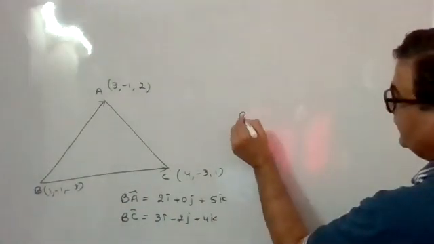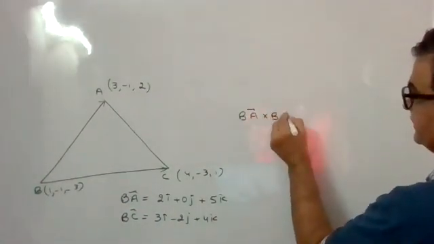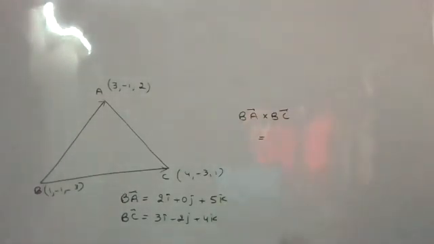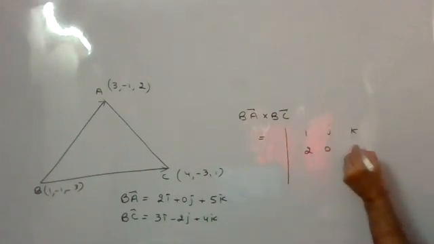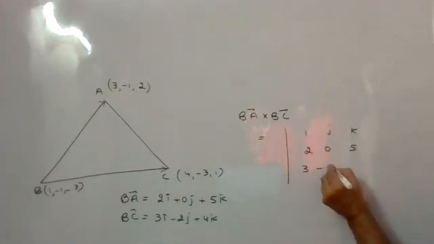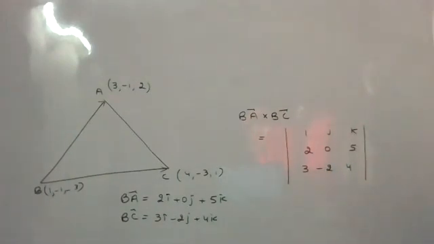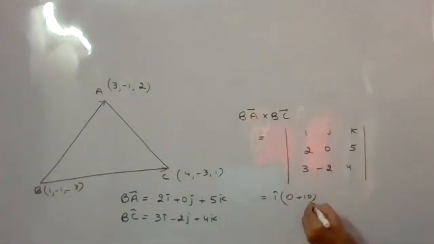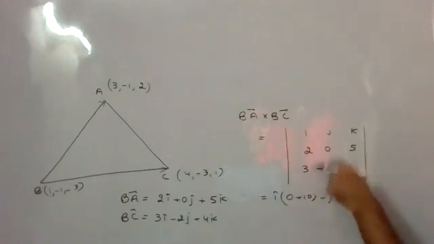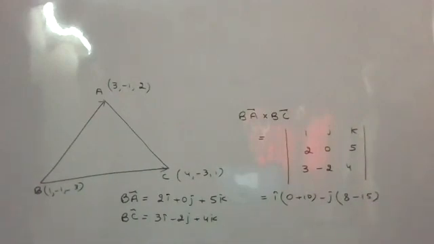So now we find out what is BA cross BC vector. What will this come to? i, j, k, 2, 0, 5, 3, minus 2, 4. Please solve it now. i, 0 plus 10. Minus j, so leave this here, it will be 4 times 2, 8, minus of 15, and then it comes out to be plus of k.